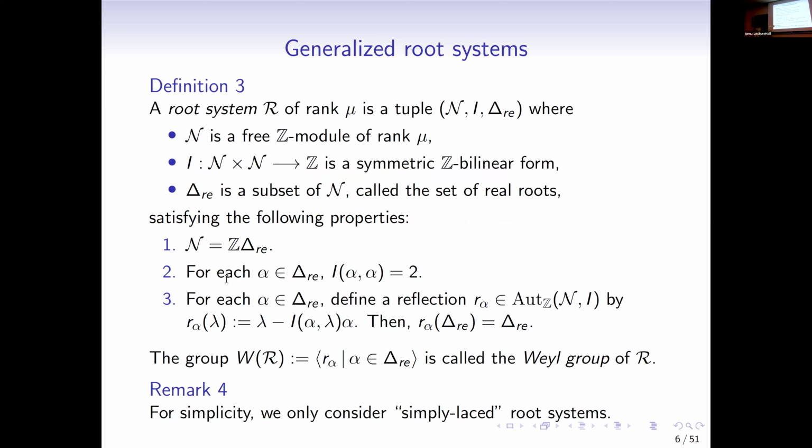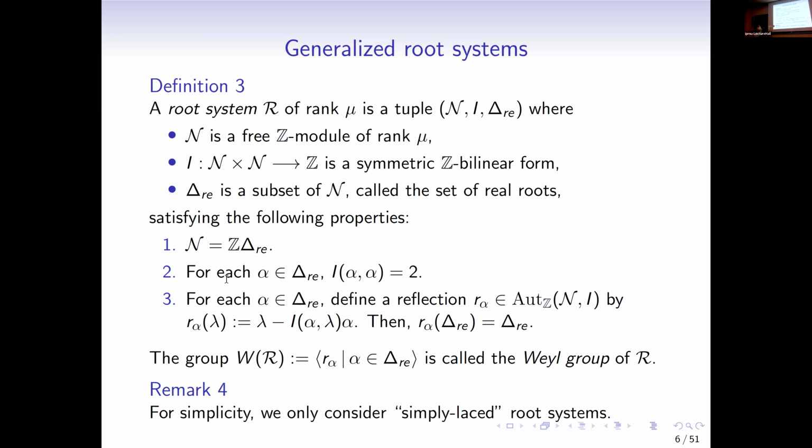Now in order to state some classical results, we recall the notion of generalized root system by Saito. So this is a natural generalization of the usual classical finite root system. Or in other words, this will be somehow the linear algebra counterpart of the categorical system.